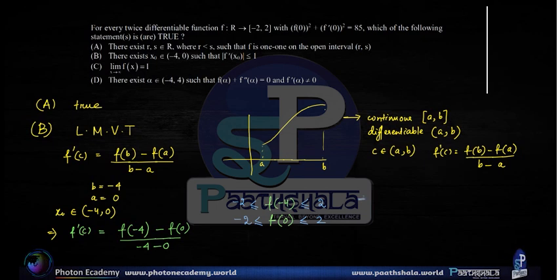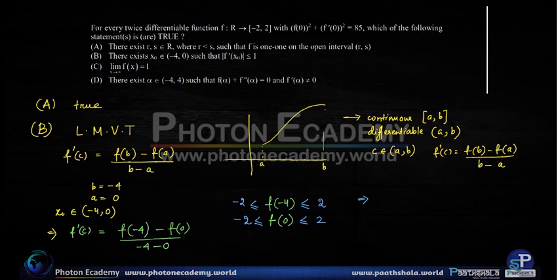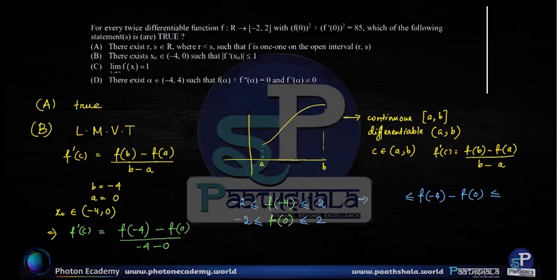That implies if we subtract both, then f of minus 4 minus f of 0 will lie between minus 4 and 4.